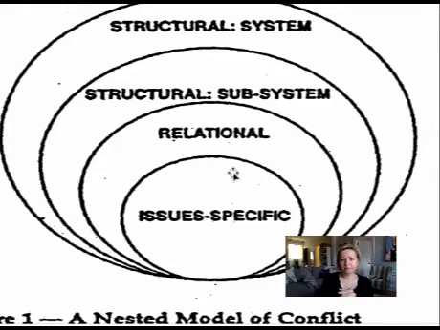So, as you can see, what's interesting about this model is that it has these circles, so that you have an issue in the middle, which means that conflicts are usually, no matter how small, embedded in bigger issues, or they are fed directly or indirectly by certain, let's say, institutional, structural, relational dynamics. So it's very interesting that it's embedded, right? It's an embedded conflict.